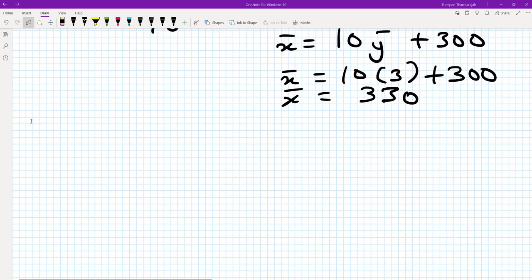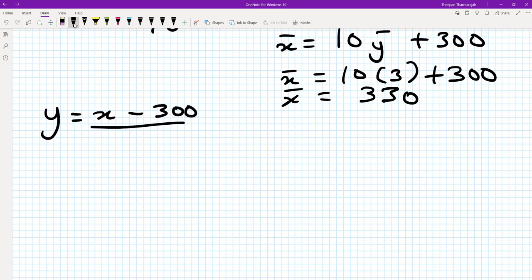So when we work out the variance, we need to be careful, because even though the formula is y is equal to x minus 300 over 10, the variance is never affected whether you add or minus a value to the data set. It's only affected if you multiply or divide by a number. So we can drop the minus 300.